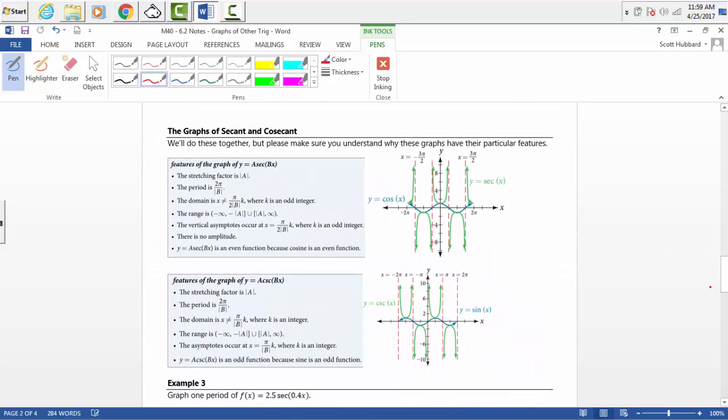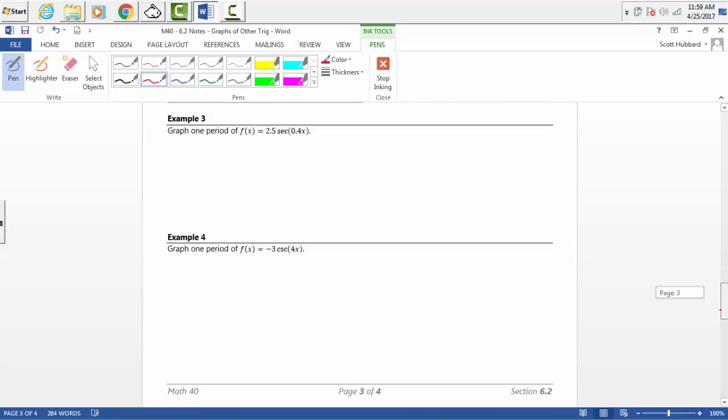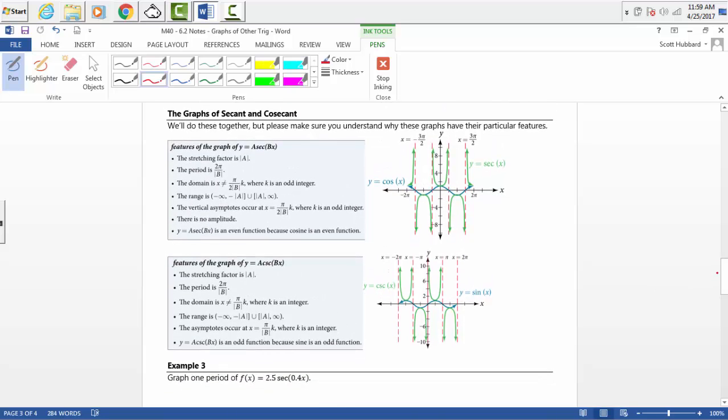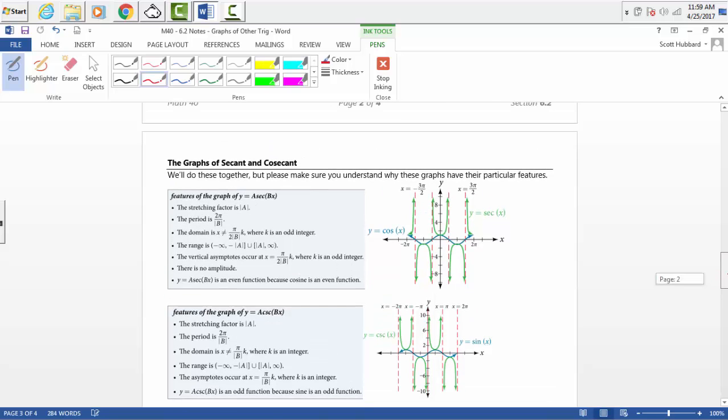Okay, so the last ones we want to do are secant and cosecant, and again, we'll have the tables, the boxes here, so you don't have to have these memorized, but just in case, this is what's going on here. And again, the connection of why these graphs look like this is that, let's talk about what secant was again, just to remind us. Remember, secant of x is defined as 1 over cosine of x.